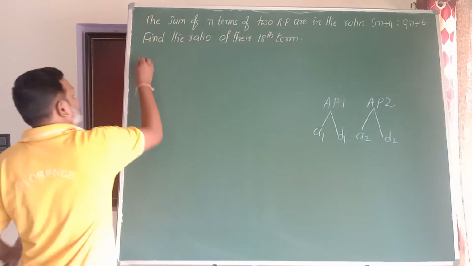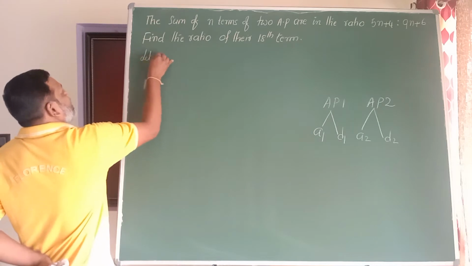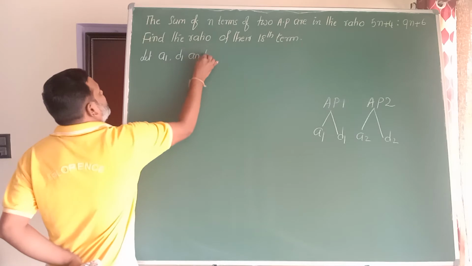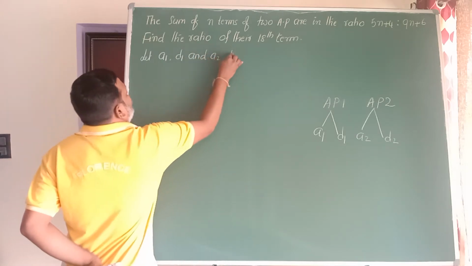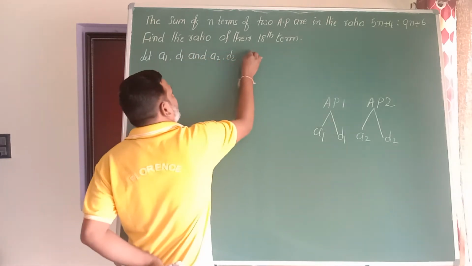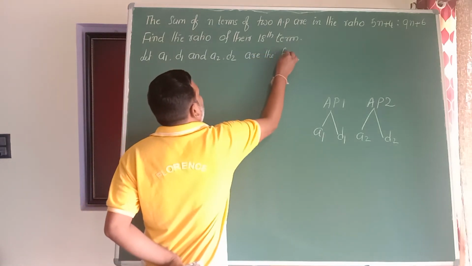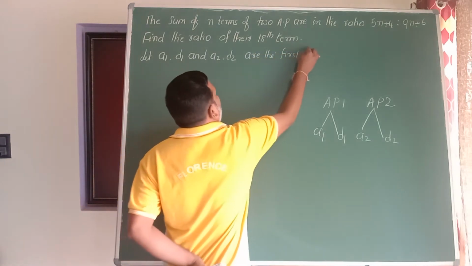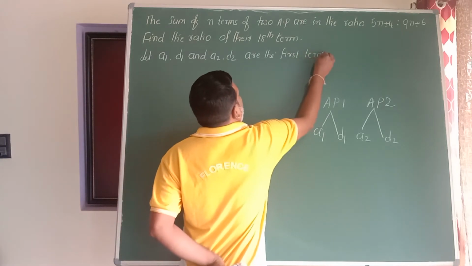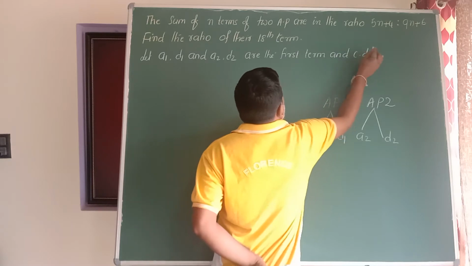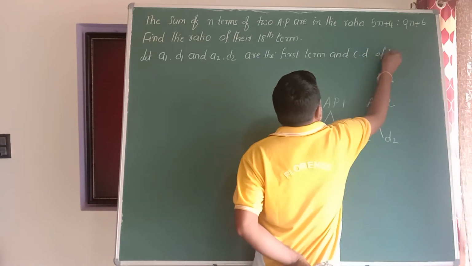Let a1, d1 and a2, d2 be the first term and common difference of 2 APs.